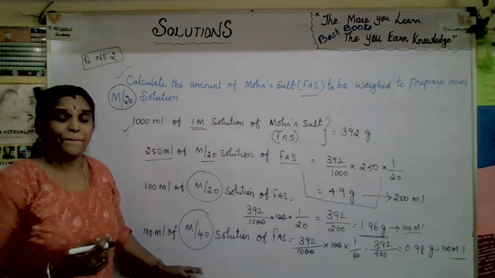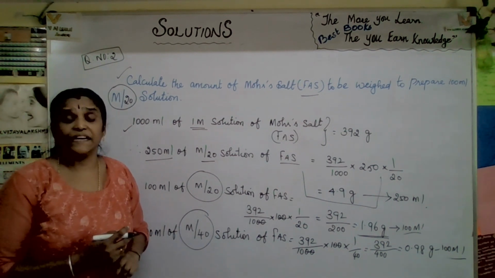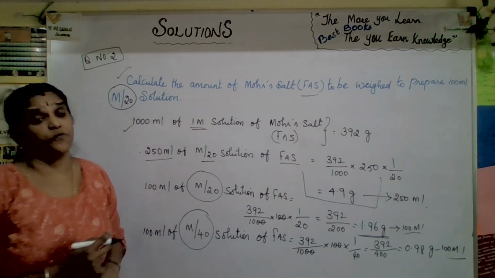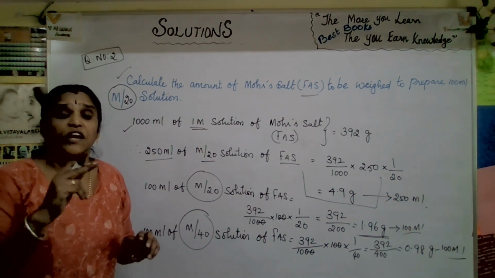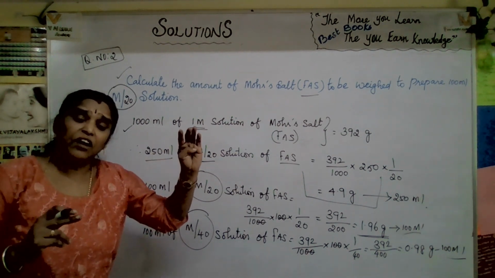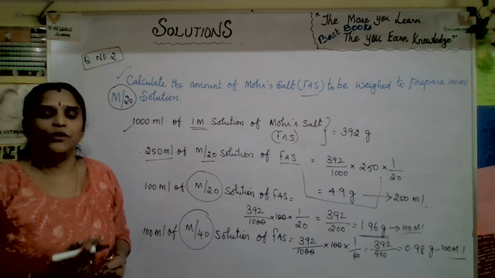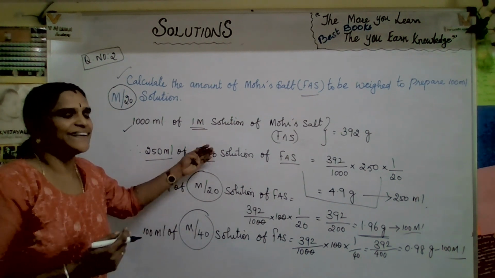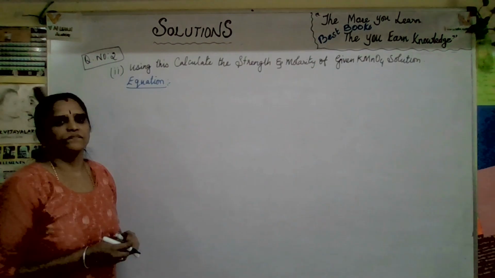I hope you got a better idea about this. Now let us go and identify the calculation. It's very, very important for that: A1 M1 V1 equals A2 M2 V2. What are all those points, how to apply the values and how to get the result? Let us go and identify. I hope you got a better idea about this point.